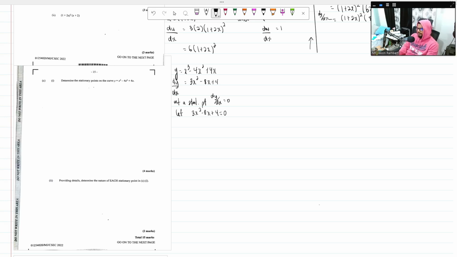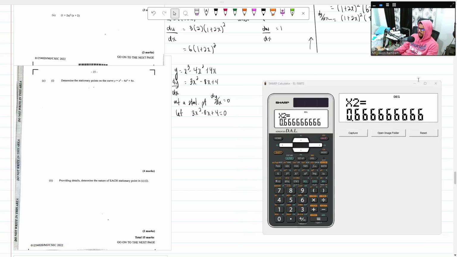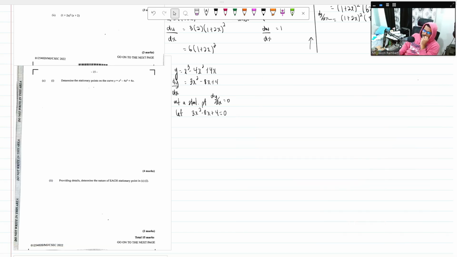Let's see if this could be solved now. Check the calculator. 3, minus 8 and 4. Yeah, it could be factorized. So let me factorize it. 4 3s are 12.